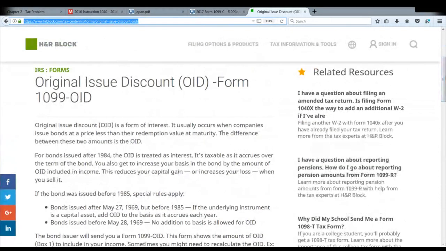Original issue discount is a form of interest. It usually occurs when companies issue bonds at a price less than their redemption value at maturity.